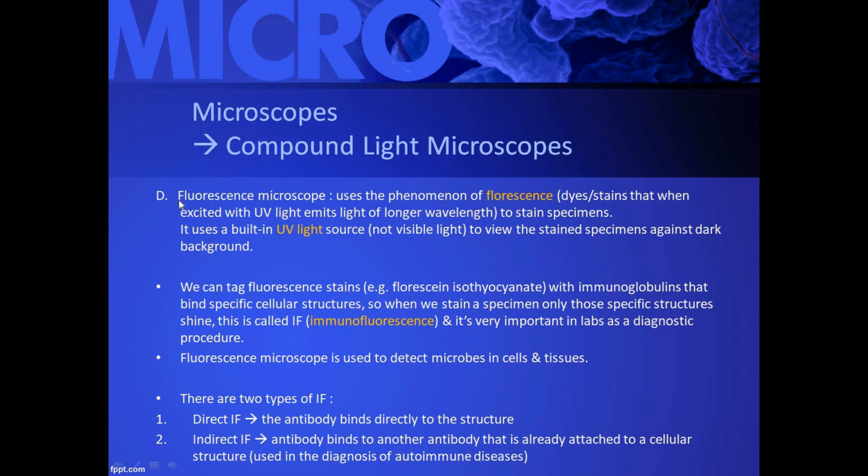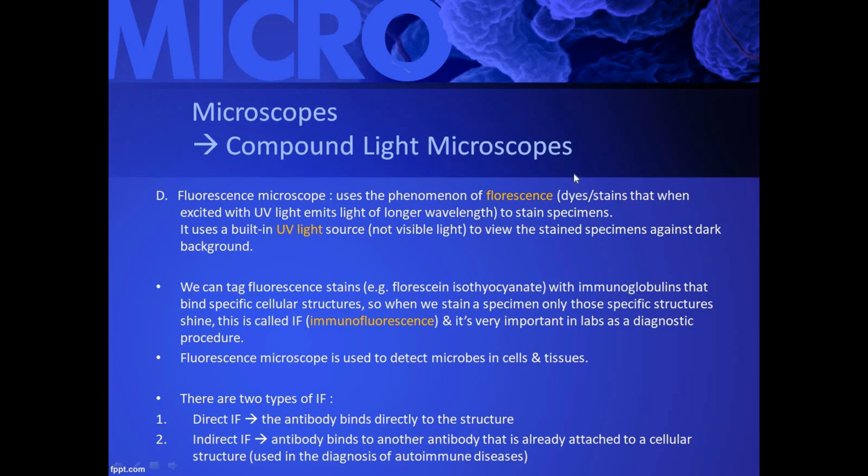Okay, so the fourth type is the fluorescence microscope. It uses the phenomenon of fluorescence. So what is fluorescence? We have materials that, when excited with UV light, emit visible light. UV light is invisible. So when we target them with UV light, they emit visible light, a light of longer wavelength.